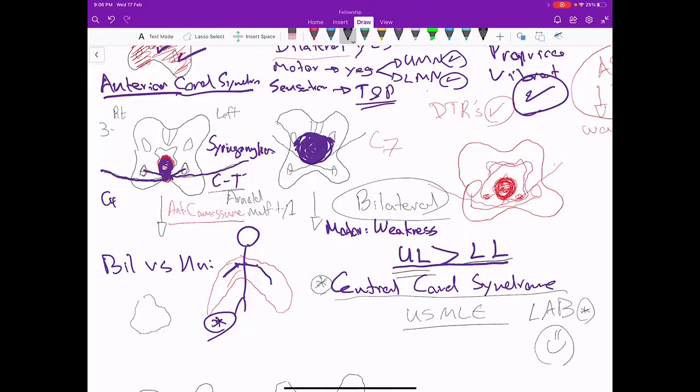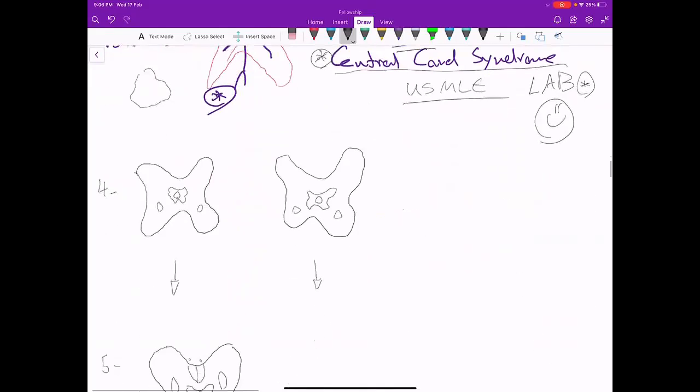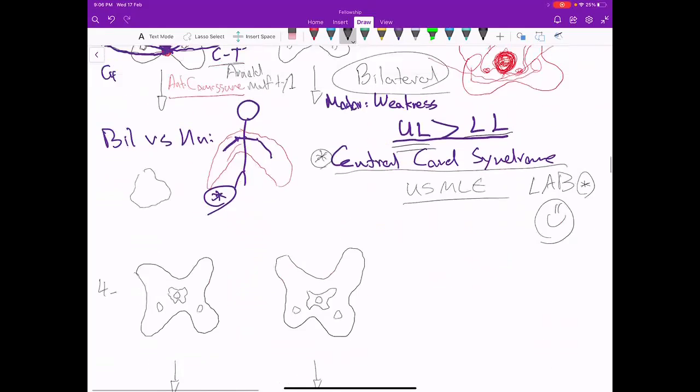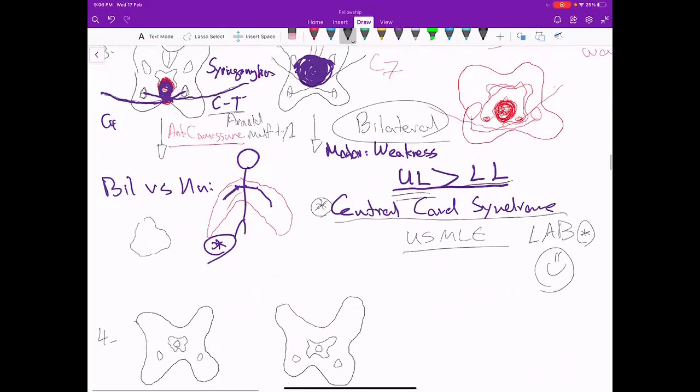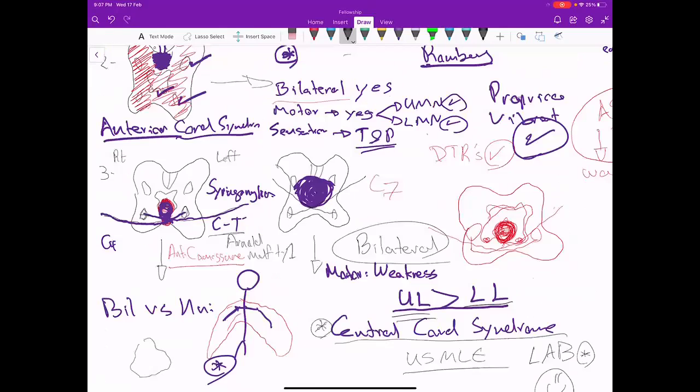Why is the lower limb spared? It's because there's a slightly affected or slightly compressed portion, a very little portion of the corticospinal tract. It's so little that the corticospinal tract, in this one exception, in this one disease, is able to carry out to the areas below.